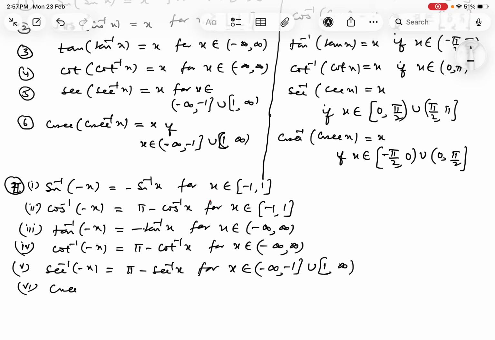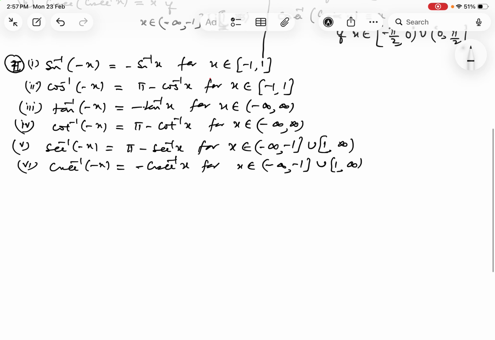Cosecant inverse of minus x is equal to minus cosecant inverse x for x belonging to minus infinity to minus 1 union 1 to infinity. This is our second result of inverse trigonometric functions.